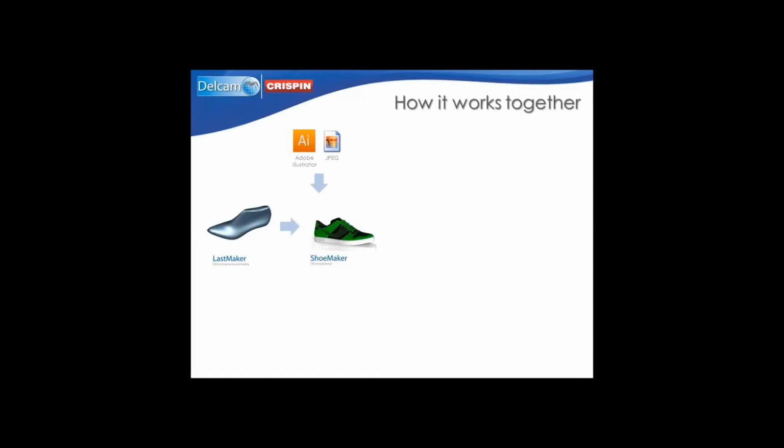It will immediately convert vectors into 3D style lines so you can make necessary alterations quickly and easily. Alternatively, you can use a digitizer, touchscreen, or your mouse to draw style lines directly onto the last. We'll show you how to do some of this in the demonstration later on today.